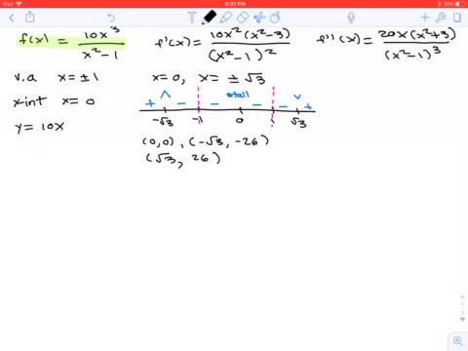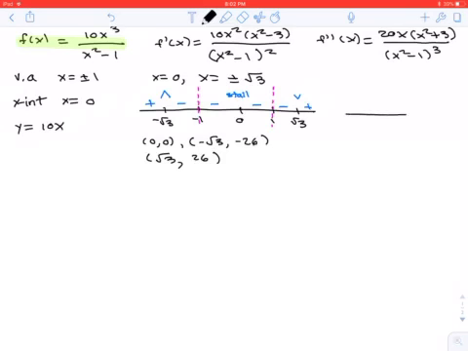Time to move on to the second derivative. So stop the video, go find the points of inflection, and then find the concavity. Hopefully you have done that, and let's see. What I see for our concavity points is there's only one that comes up mathematically. Make sure you understand x squared plus 3 is always positive. The denominator, we already know about those vertical asymptotes, so it's only when 20x equals 0, and that's at 0.